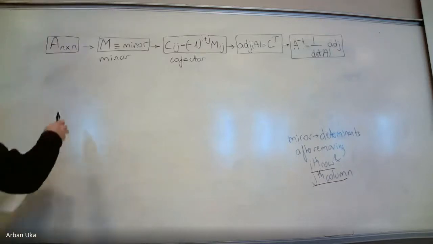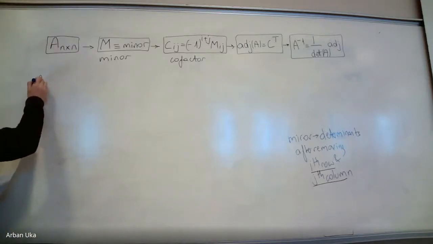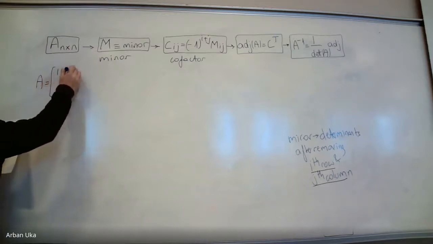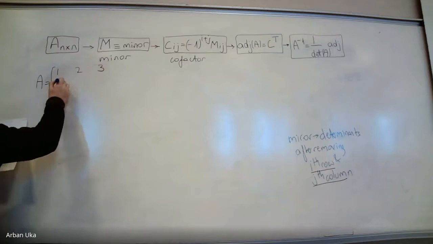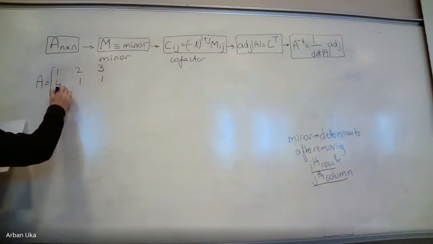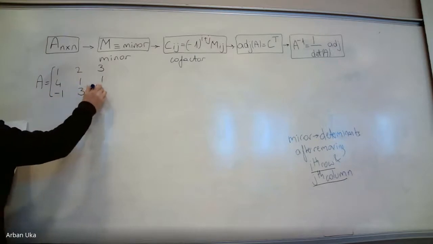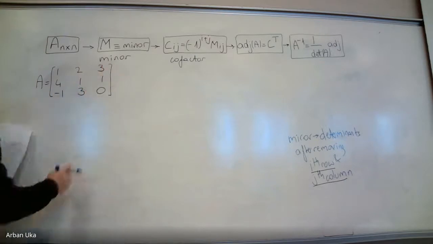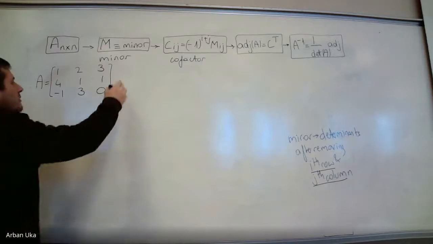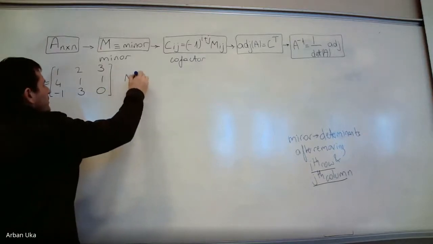Let's assume we have the matrix A, which is equal to 1, 2, 3, 4, 1, 1, minus 1, 3, 0. The first question is, we want to find the minor matrix, M. What is M?